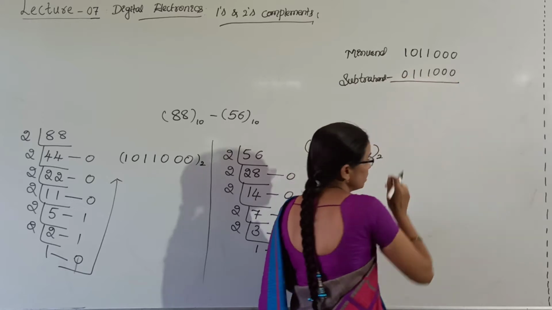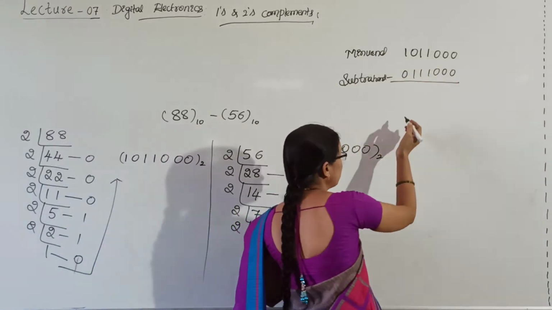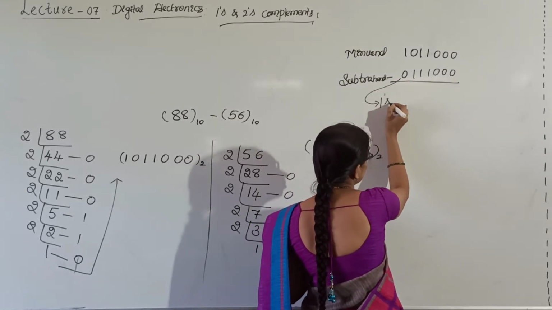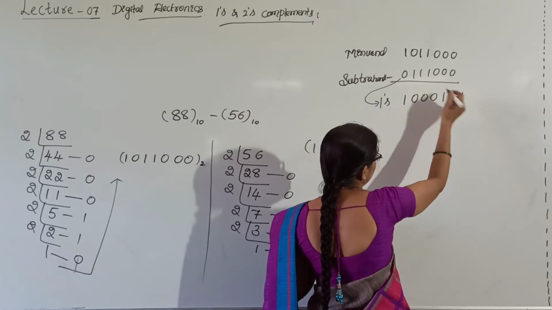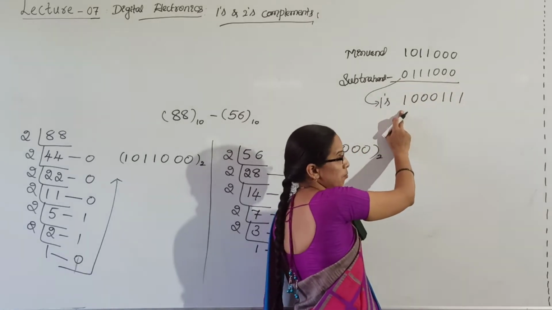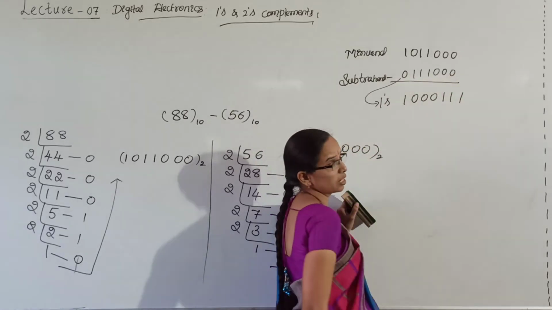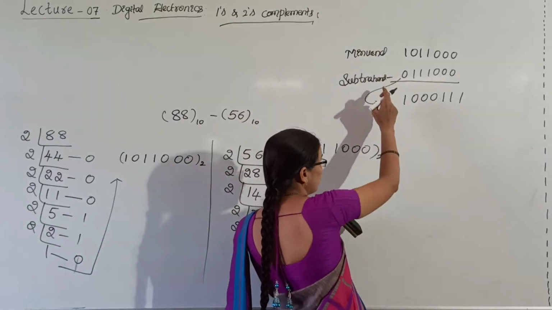If a shortage of digits occurs, you put 0 in front of the number and take the ones complement of this, that will be 1 0 0 0 1 1 1. 0 is replaced by 1 and all the ones are replaced by zeros. That will give us the ones complement of the subtrahend.